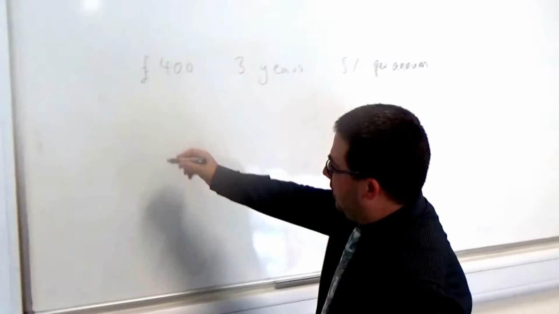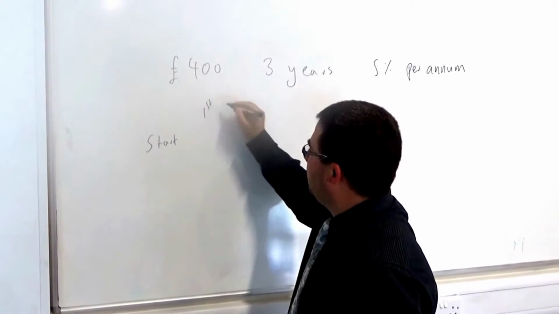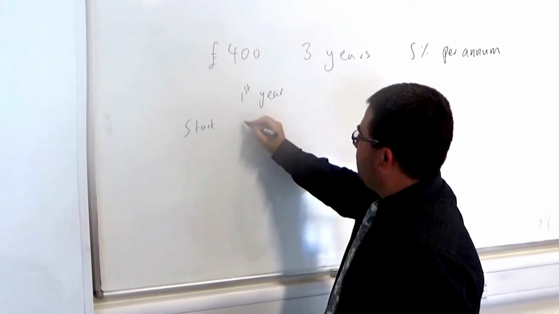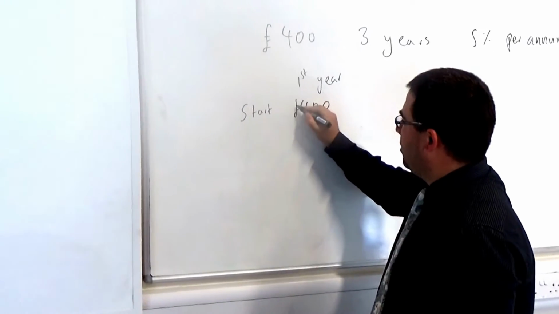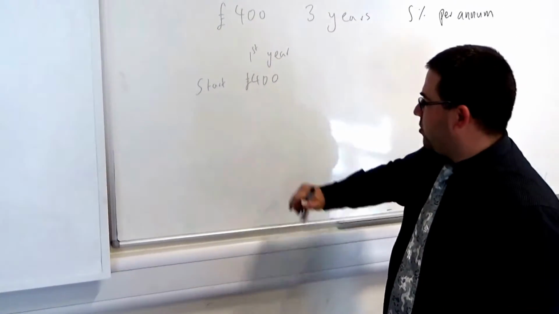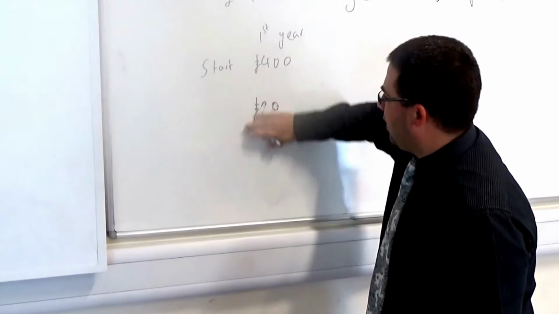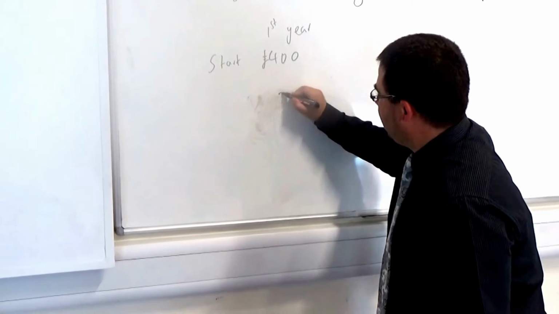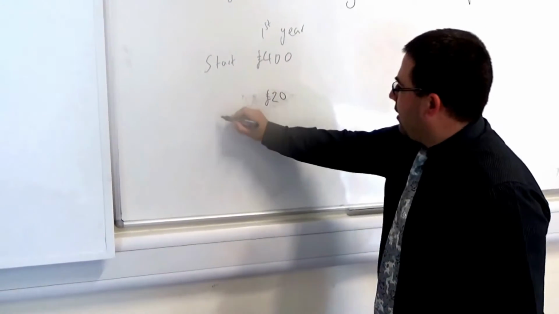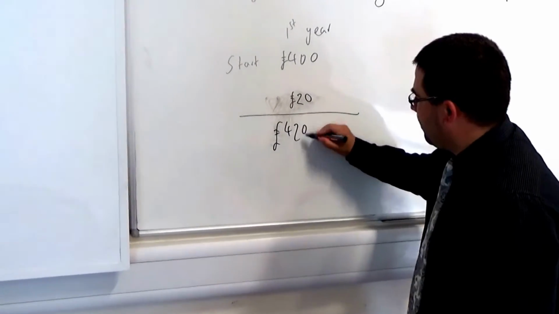So the start of the first year is £400, what you borrowed, and it's at 5%. So I need to find 5% of 400, which is easy, £20. I just add it on, and that will be £420.